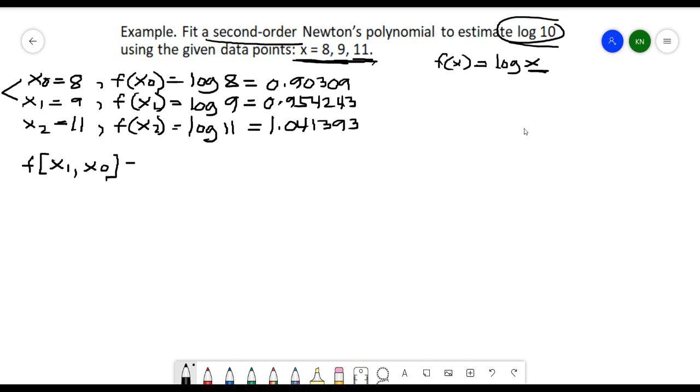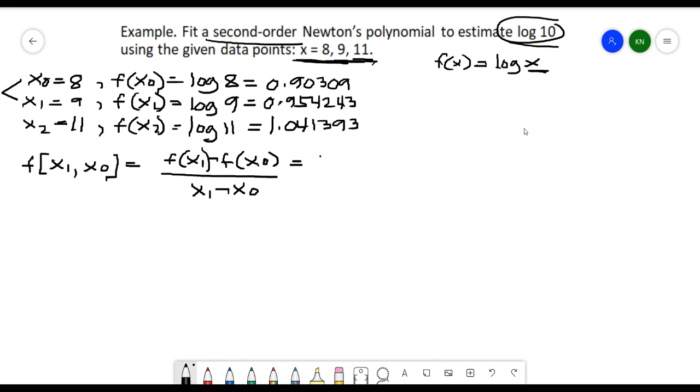As we know from the formula earlier, that is f of x sub 1 minus f of x sub 0, all over the original value of x sub 1 subtracted by the original value of x sub 0. So we have here the f of x sub 1.